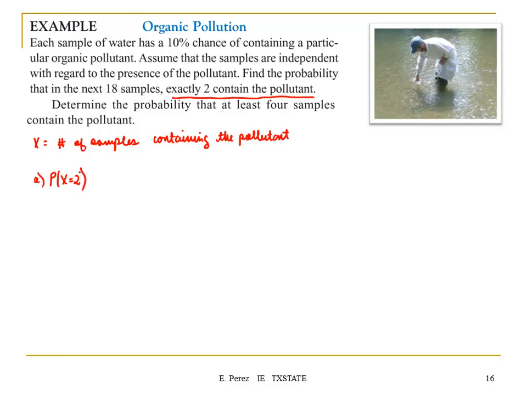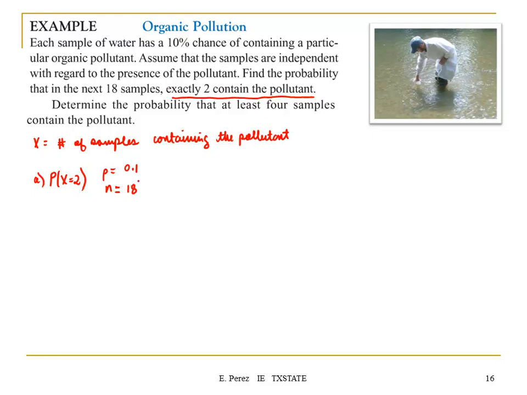Okay? So we know that the probability of success is 0.1, right? We know the sample size, the total number of samples. What will be? 18, correct.